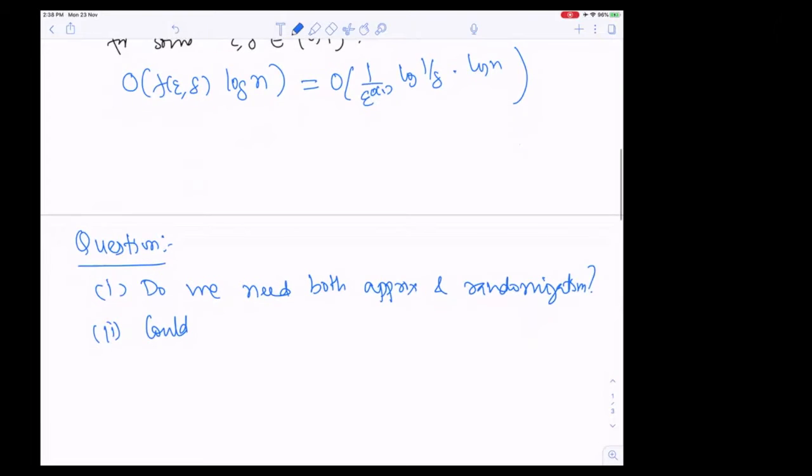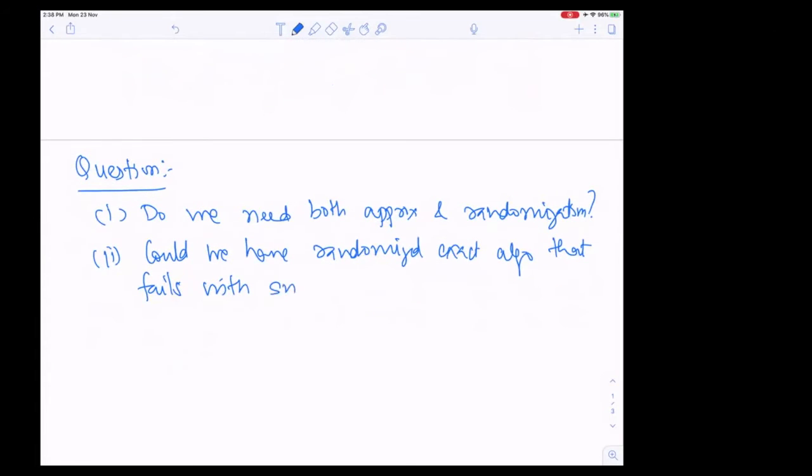Could we have a randomized exact algorithm that fails with, say, small probability delta, or a deterministic approximation algorithm?